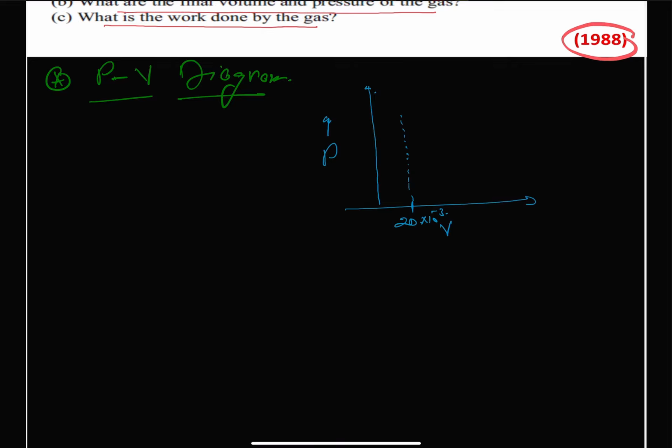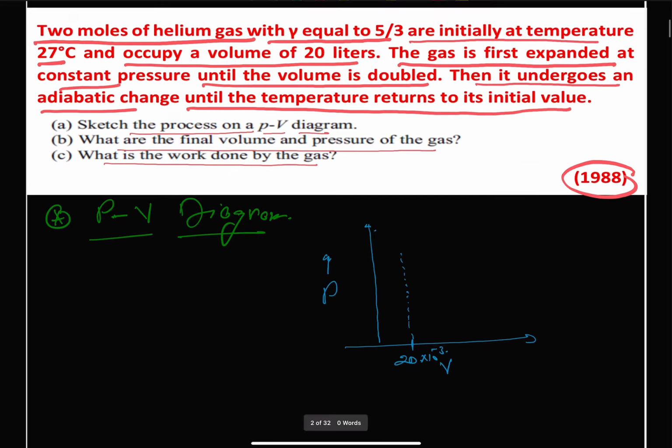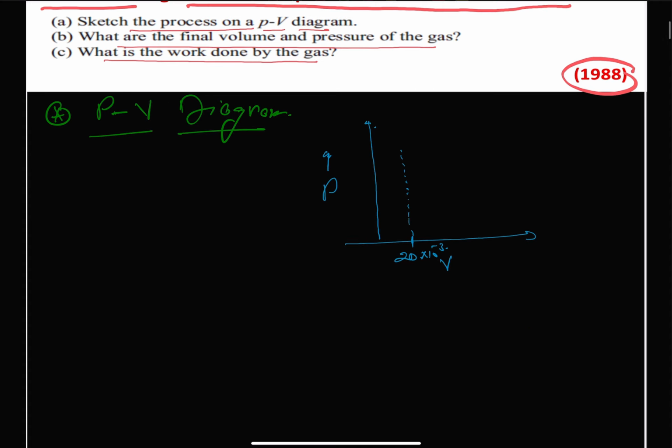And at a certain pressure, let us suppose that pressure is our P1. Let us call this volume V1. So this comes as P1 V1, and let us assume that temperature is our T1.